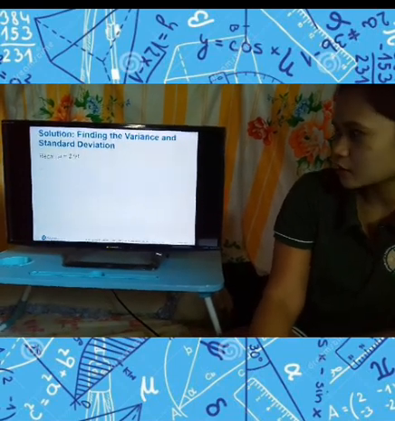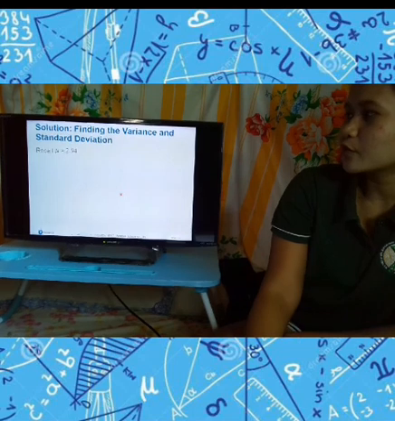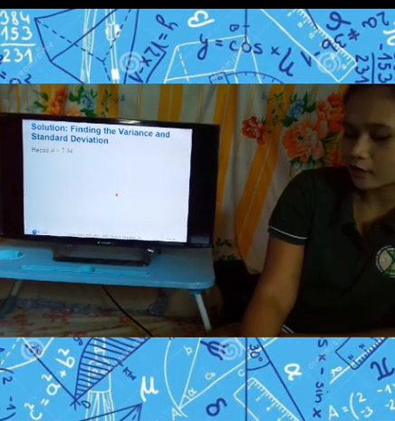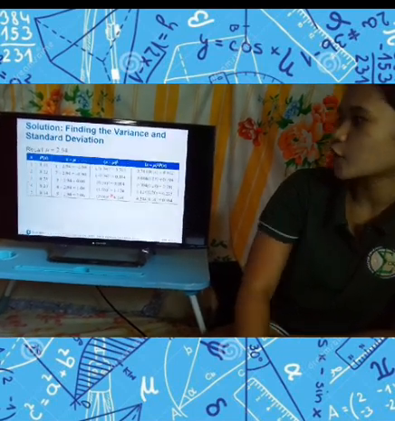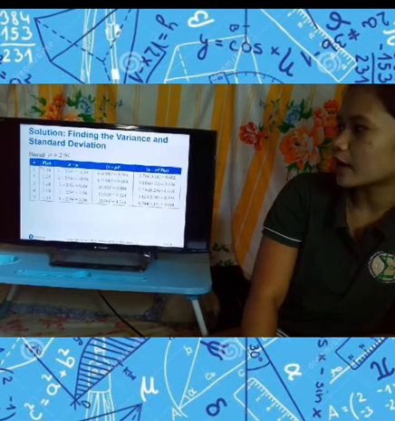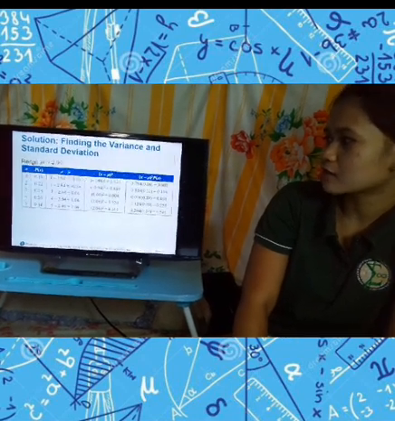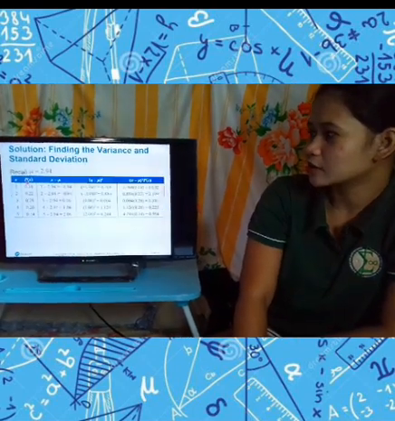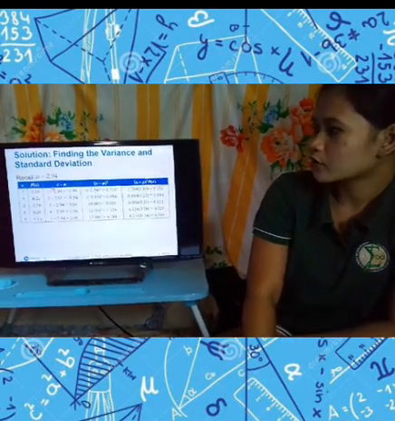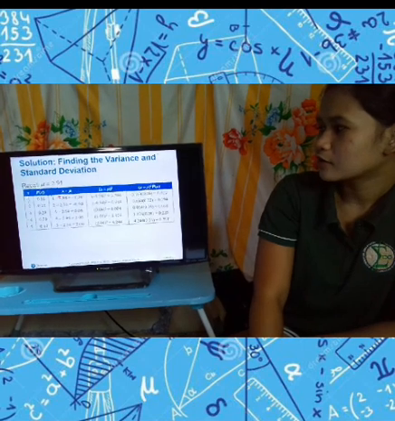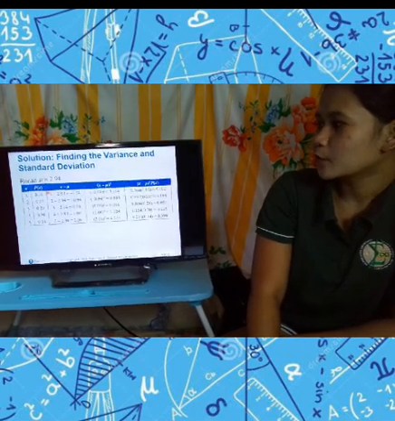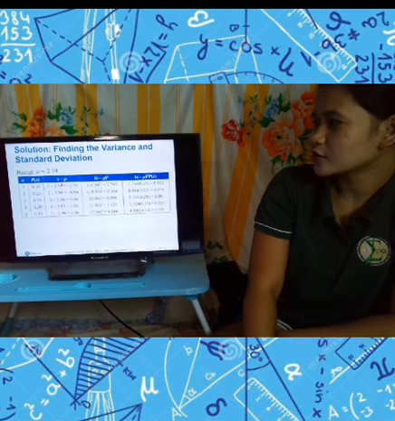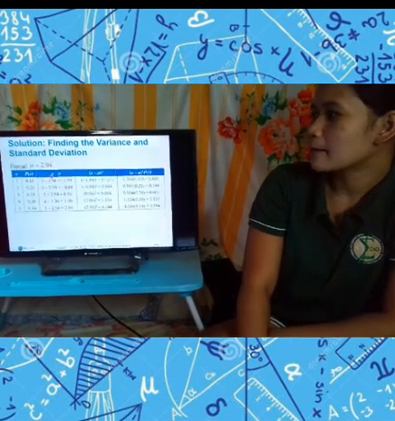And let's proceed and recall that our mean is 2.94. So, our first column is the random variable, the second column is the probability, and then our third column is the values, or the difference of x minus mean.